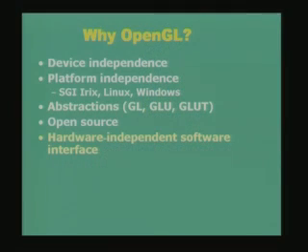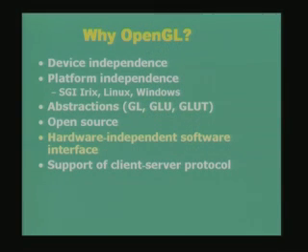So, it is a hardware independent software interface, and it also supports the client server protocol. That means you can run it over a network. When you talk of client server protocol, either using X Windows for Linux, or an environment over the Windows NT type of network client server interface, OpenGL is expected to work.